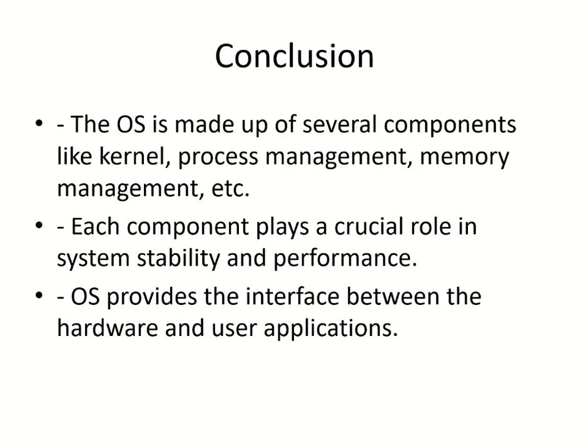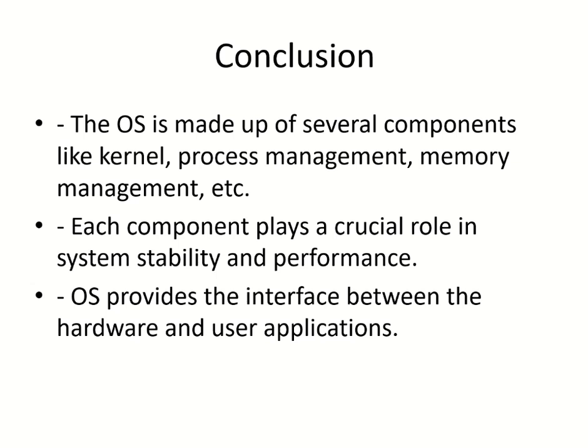And the conclusion: the OS is made up of several components like kernel, process management, memory management, etc. Examples: early computers used batch processing systems, while multi-programming systems allowed multiple programs to run simultaneously.